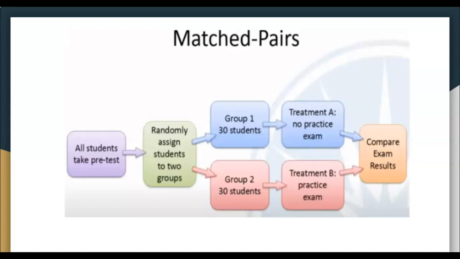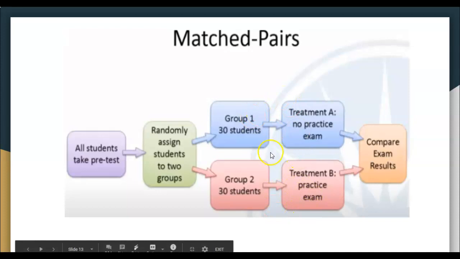In other words, relating to our example earlier, let's have all the students take a pre-test, and then we compare exam results. We are going to compare the pre and post test and look at which students grew the most. Was it the ones who had the practice exams or the ones who didn't? So we're matching and pairing a before and after. So that's matched pairs.